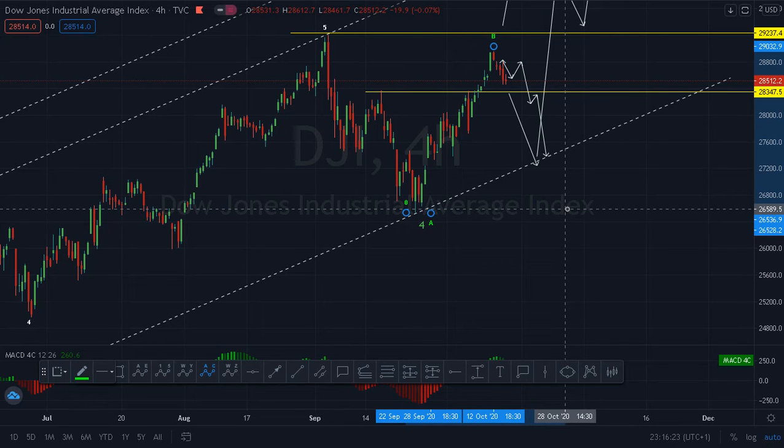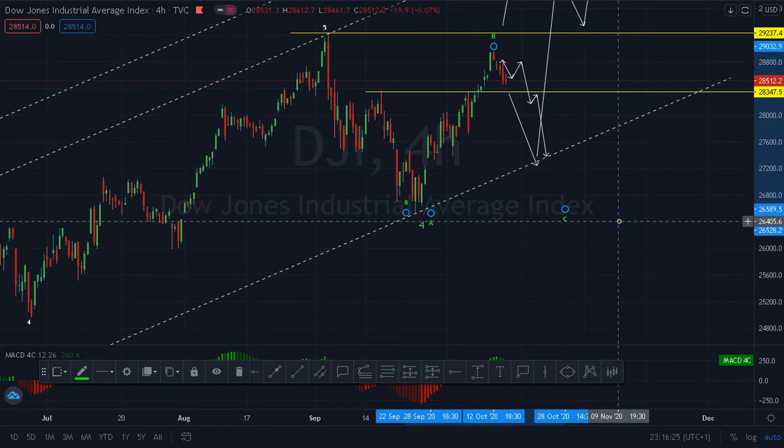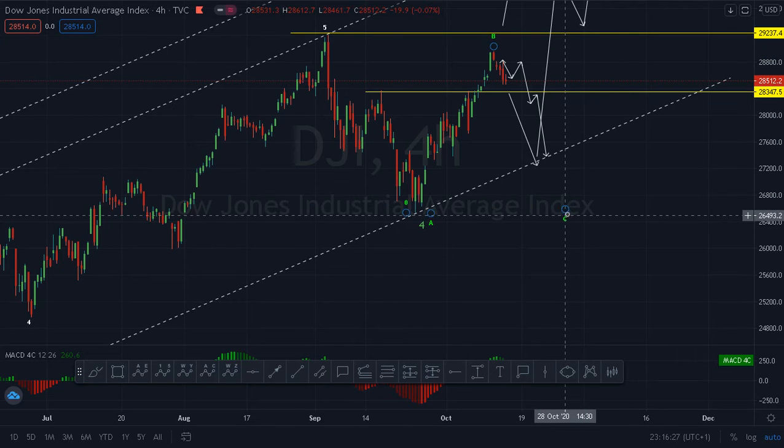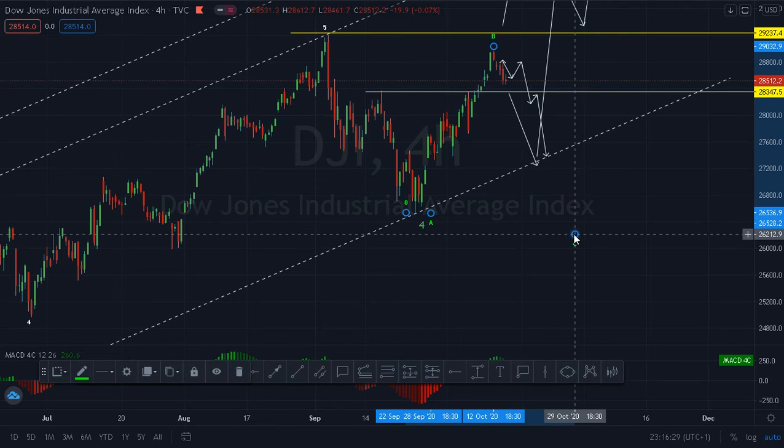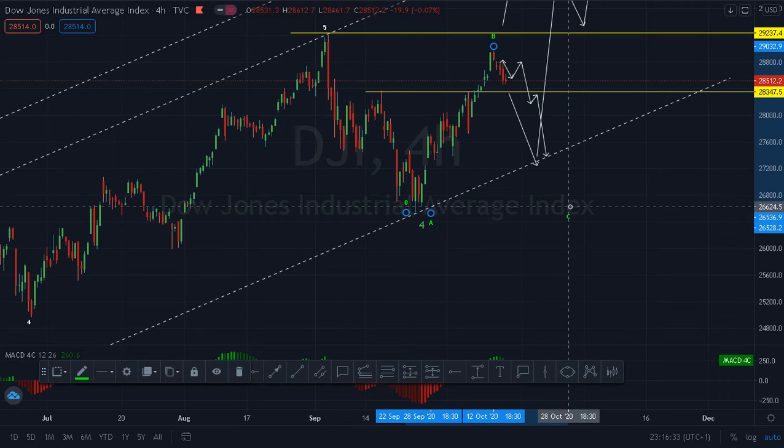Now, if C ends here, it is a zigzag. If it ends somewhere here, it is a flat. If it ends around here, it will be a running flat. So we keep watching what happens.